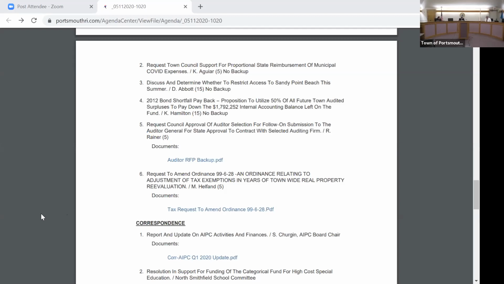A more elegant way that we thought would work at that time would be to apportion a percentage of any surplus from any given year and apply that to that deficit. That would be paid off quicker with less impact on the operations of the town. And again, I have this all laid out. I have tons of data on this, and I'll be happy to forward it to you.